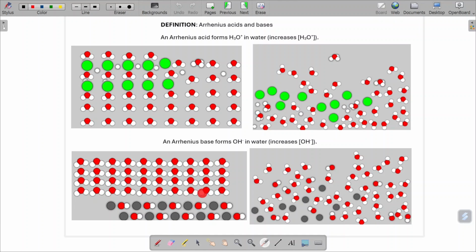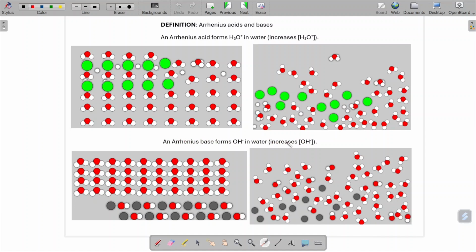Initially, there were no free hydroxide ions. They were all attached to the sodium. But now we can see that these hydroxide ions are free and in the solution. This shows you how a base can be considered to be an Arrhenius base.